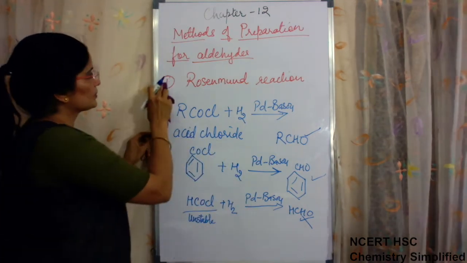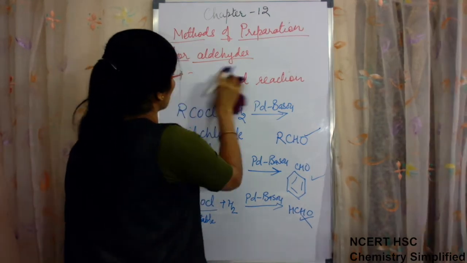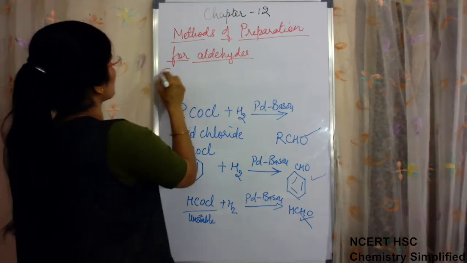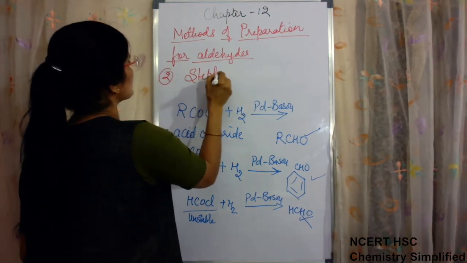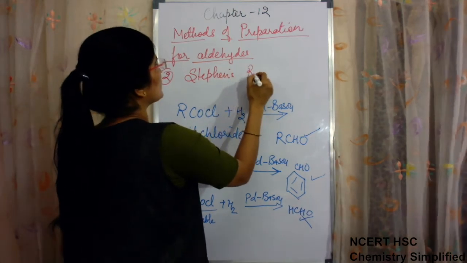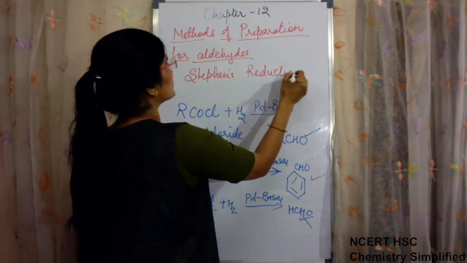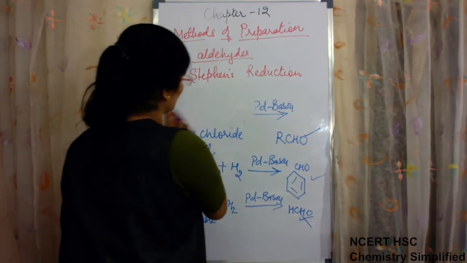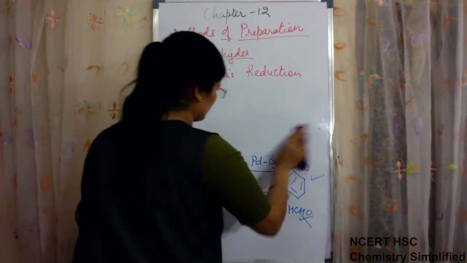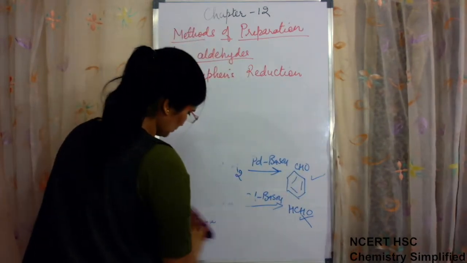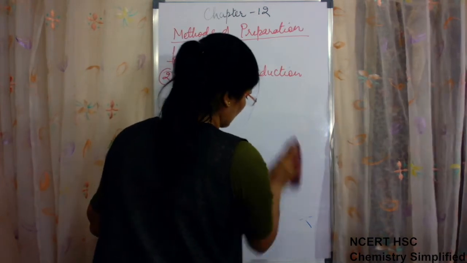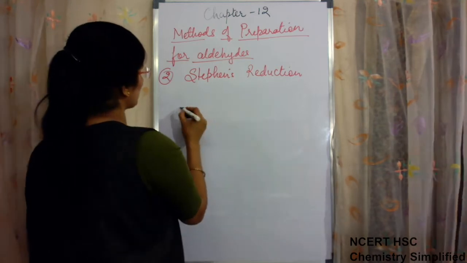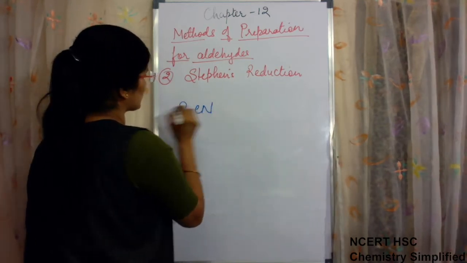Now the second method which is used to prepare only aldehydes is Stephen's reaction or reduction. Okay. Now, the starting material used in Stephen's reaction is RCN.